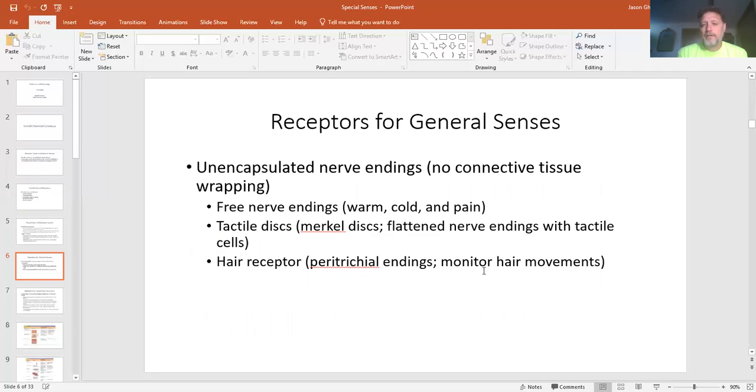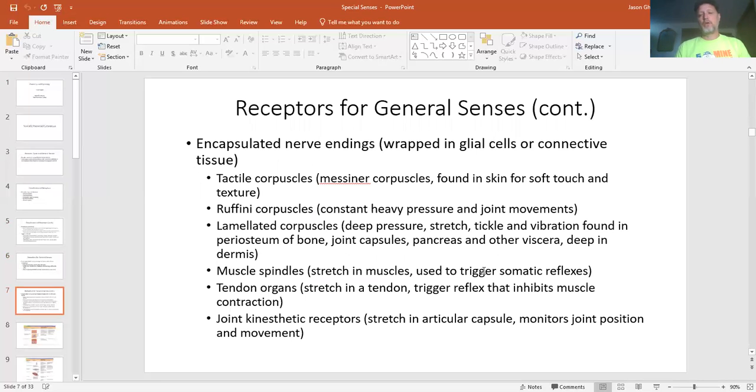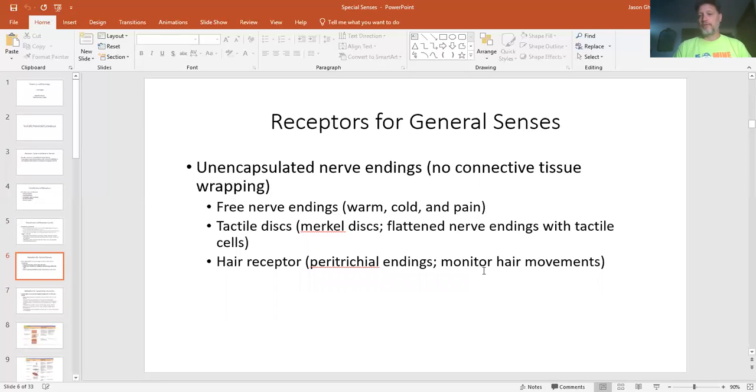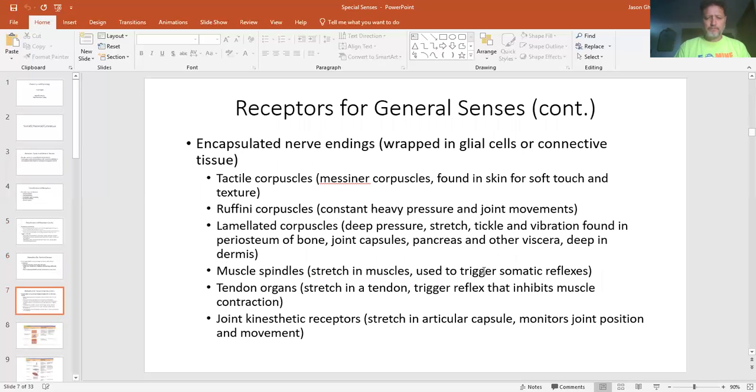These are tactile discs, formerly known as Merkel discs, and these are just the little flattened out areas at the end of them. You can find these definitely on hair, where they call them peritrichal endings, and this is what hair is for: monitoring movements of the hair, which tells us if there's an insect or something crawling on us. Again, these are unencapsulated because there's nothing surrounding them.